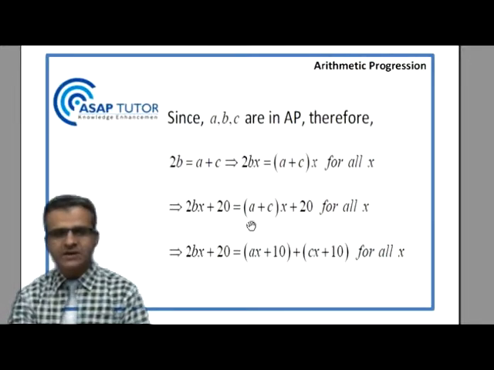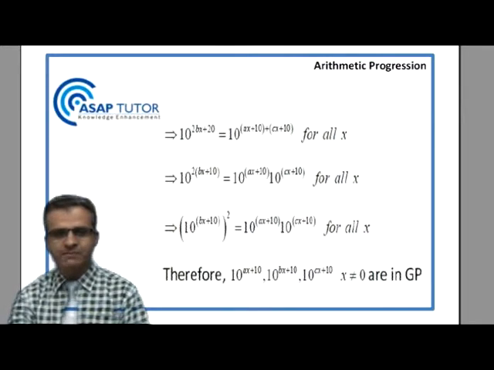Now this 2BX plus 20 we can write as AX plus 10 plus CX plus 10, because 20 we can split as 10 and 10. So therefore 2BX plus 20 is equal to AX plus 10 plus CX plus 10 for all values of X.